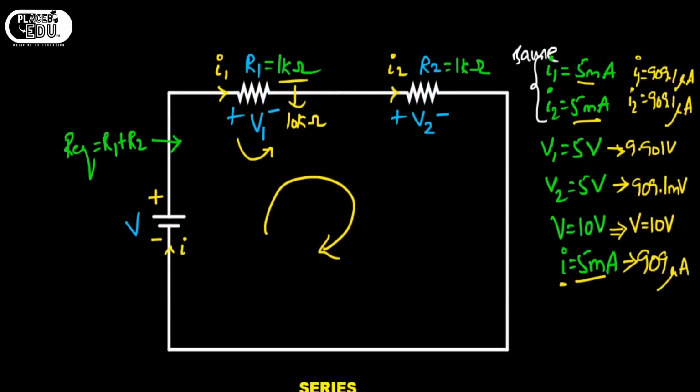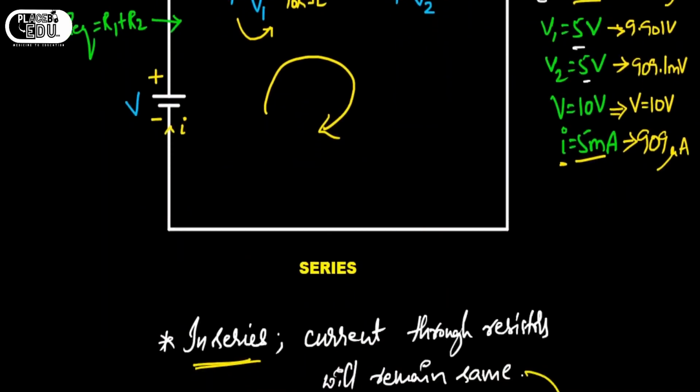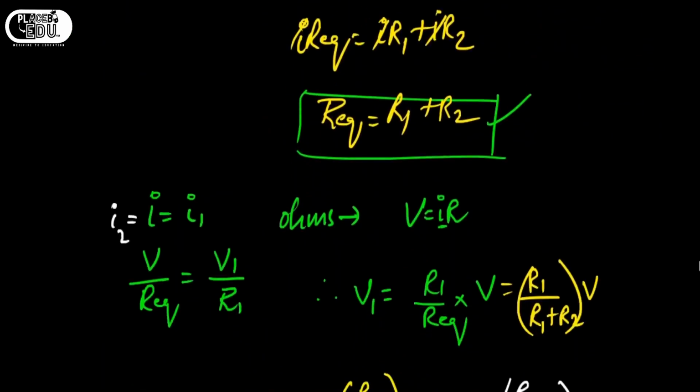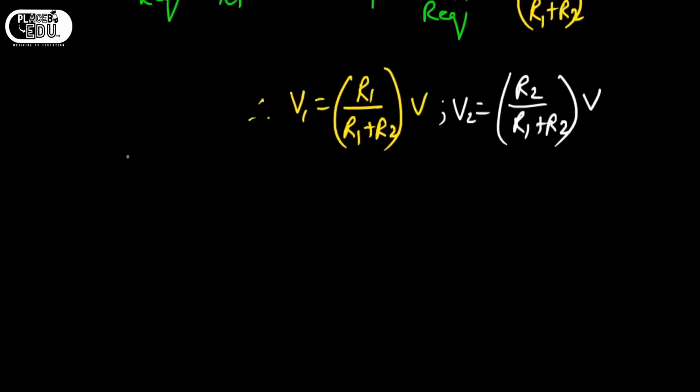Here in the first case, R1 is 1 kilo ohm and R2 is 1 kilo ohm. Therefore, the voltage is divided equally, 5 volts, 5 volts. For that, I am going to explain here.